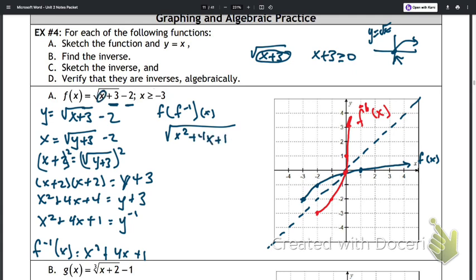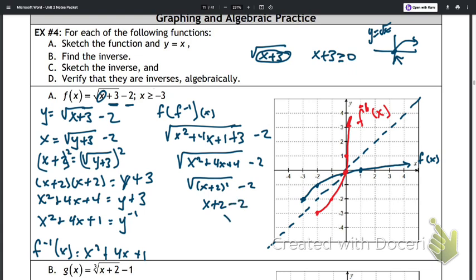I'm plugging that in for x here, plus that 3, and then minus 2. So that gives me x squared plus 4x plus 4 minus 2. This factors to be x plus 2 squared minus 2. When I take the square root of something that's squared, it just becomes x plus 2 and then minus that 2. So I get x, which I should. It should equal x.